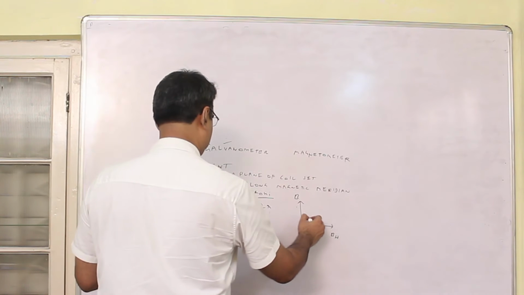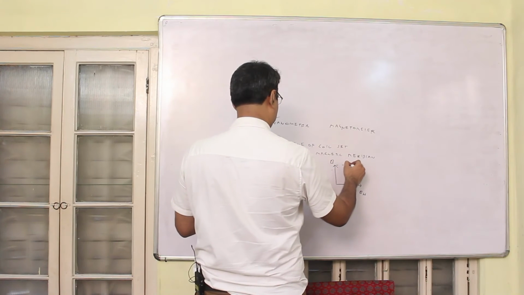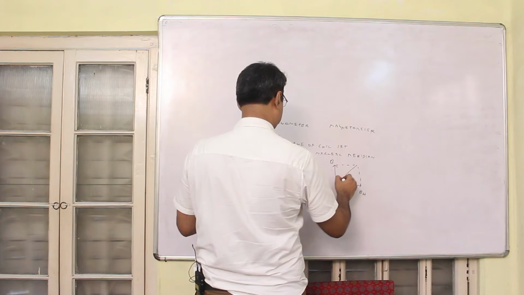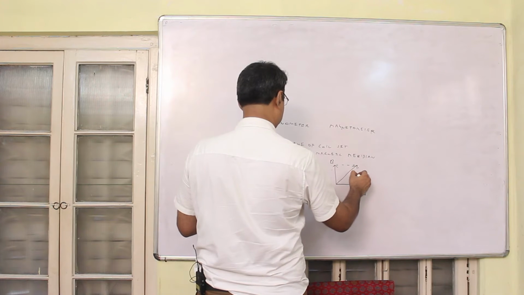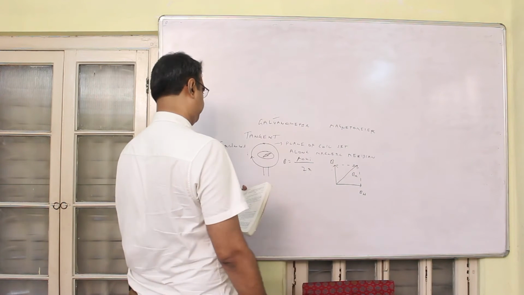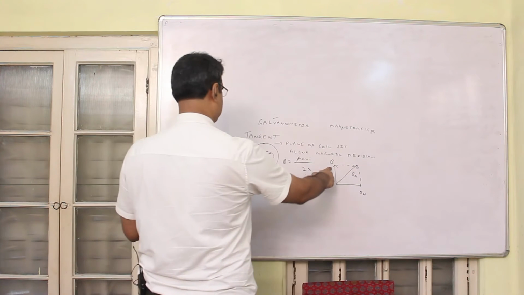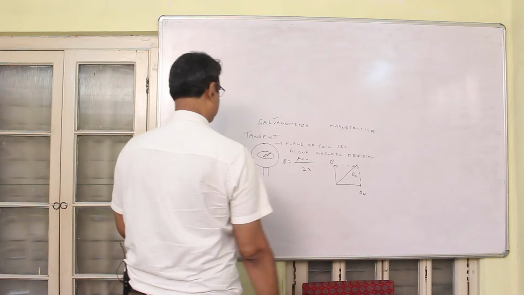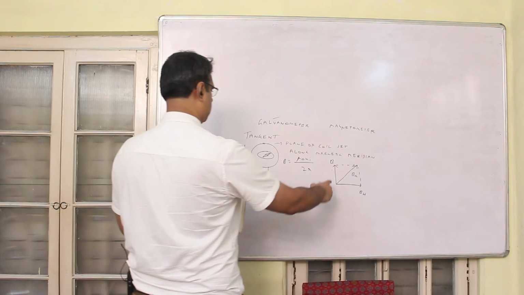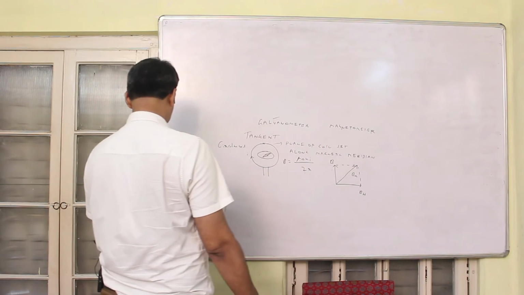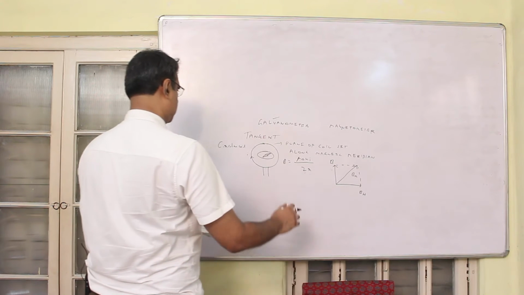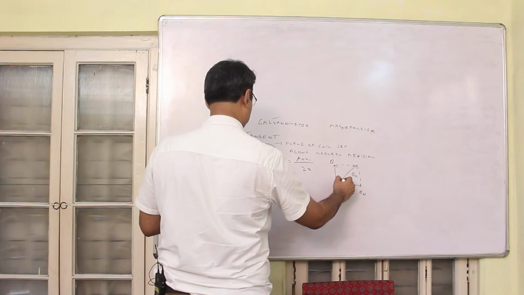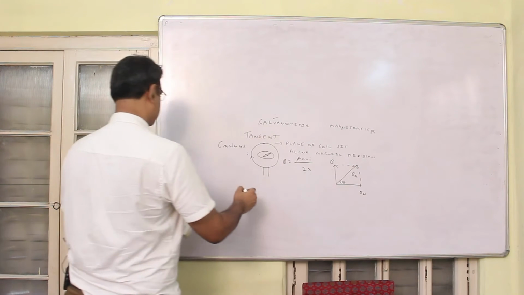So B and BH will be perpendicular, and the resultant of B and BH will be represented by this diagram. So B is mu naught Ni by 2R, and BH is the Earth's field. The resultant of B and BH will be Br. What is the significance of the direction of Br?